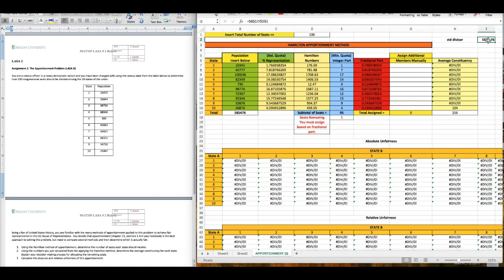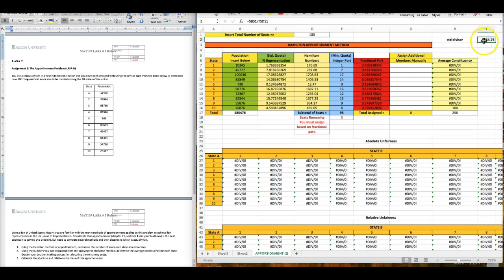Now, once we have the standard divisor, then of course what we need is the standard quota. And what the standard quota is, we're taking whatever the population is for each state, and we're dividing it by the standard divisor, okay?